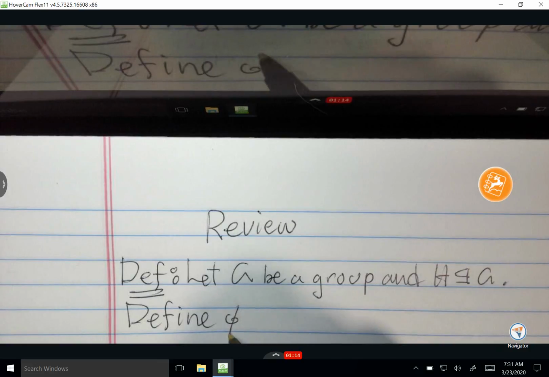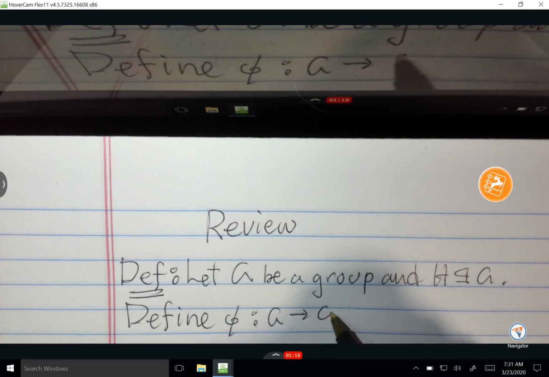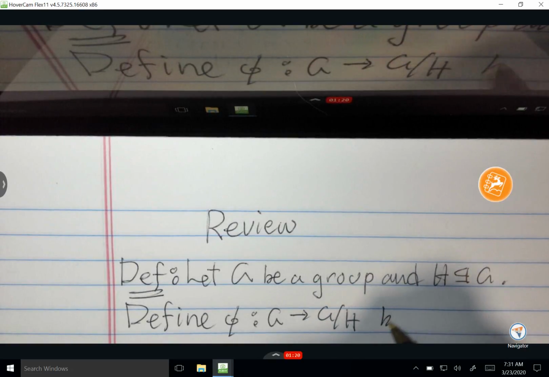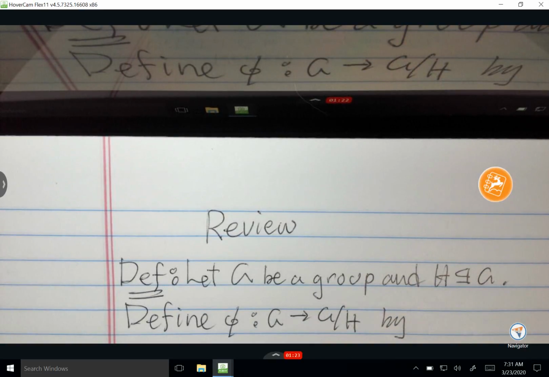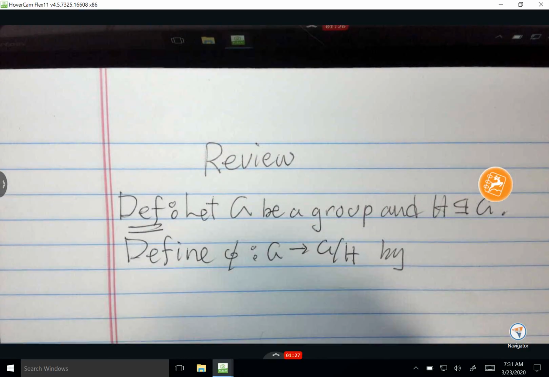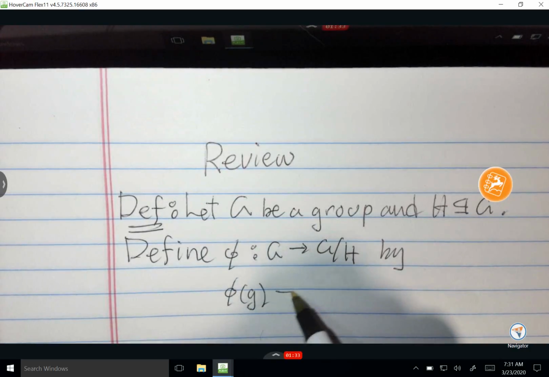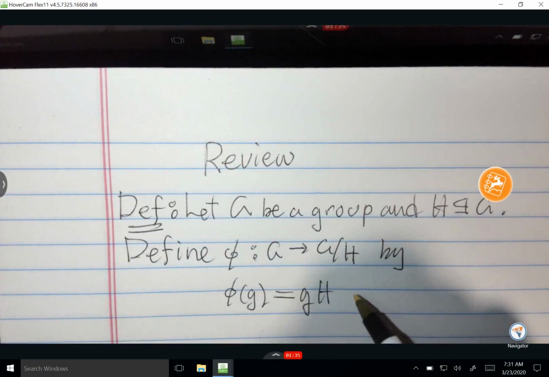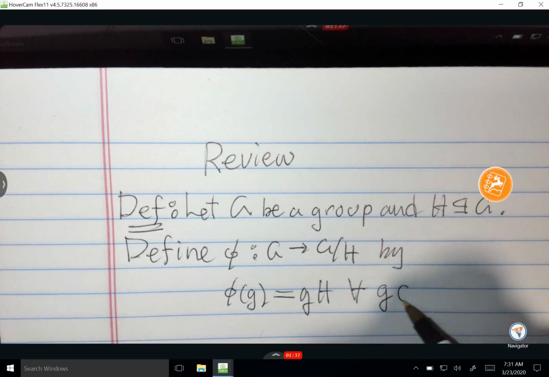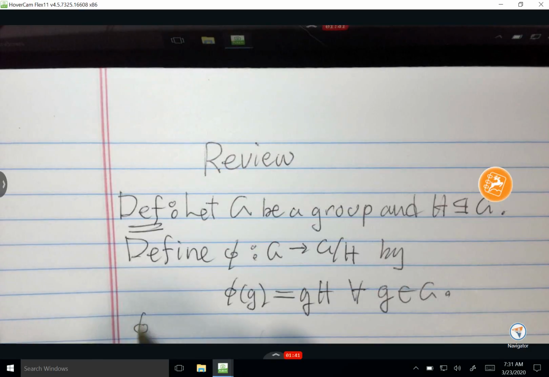I'll call it phi from G to G mod H, and of course we'll take every element of G to its left coset. Phi of little g is gH, and we'll do that for every g in G. Okay? Phi is called the natural map.